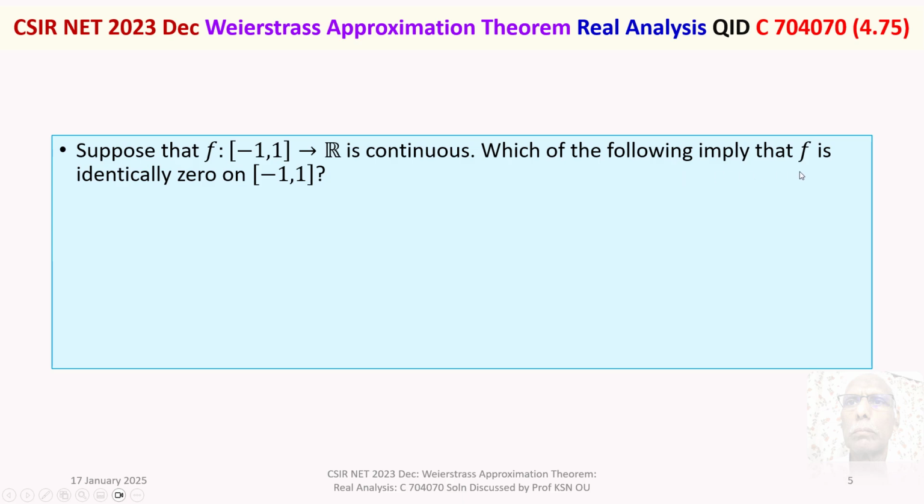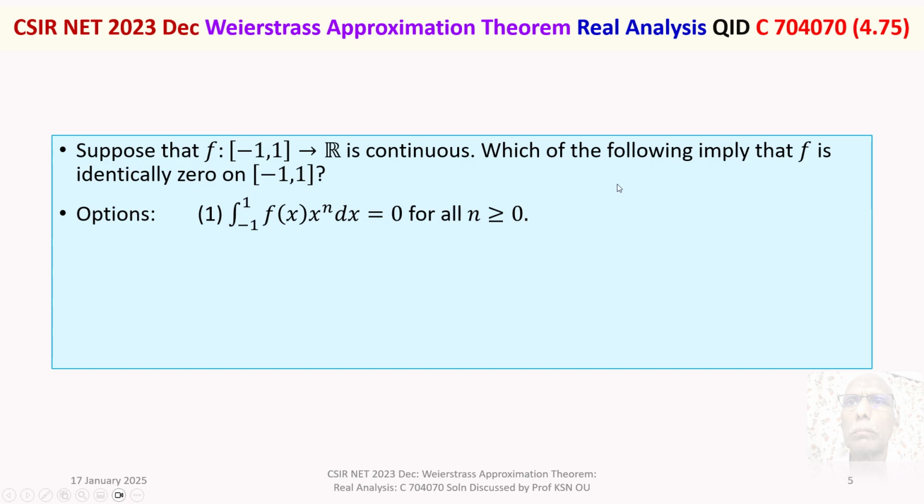Which of the following imply that f is identically 0 on the closed interval -1 to +1? We are given four options. Option 1, integral -1 to +1 f of x to the power of n dx is equal to 0 for all n greater than or equal to 0. If this is so, will it imply that f(x) is identically 0 on -1 to +1?